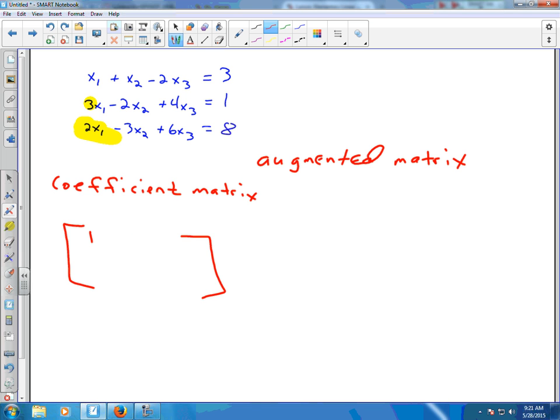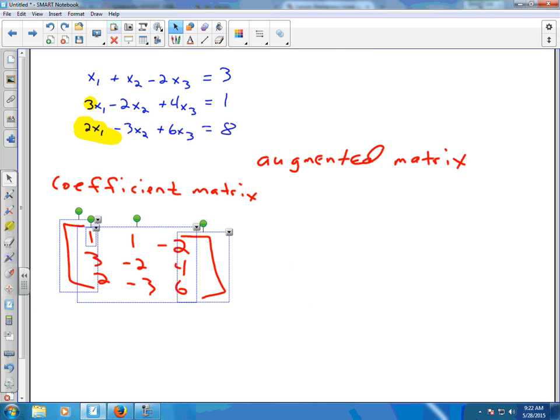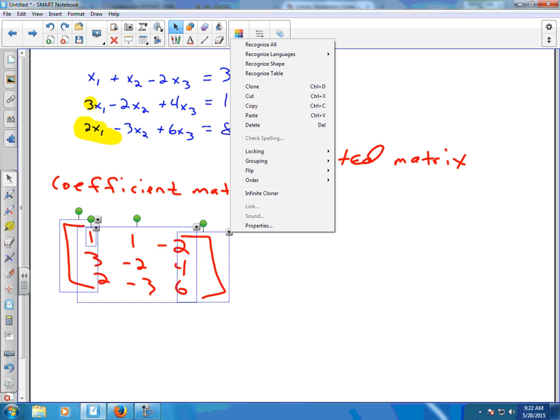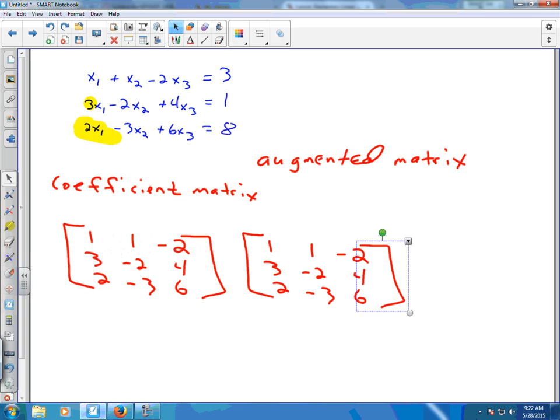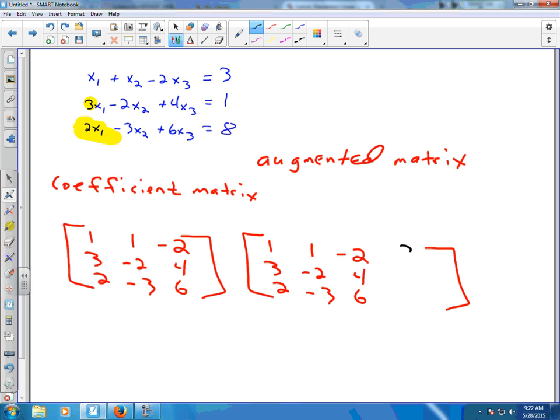So 1, 1, negative 2 in the first row, 3, negative 2, 4 in the second row, 2, negative 3, 6 in the third row. An augmented matrix has all of that, but it also has another column in there. It has your solution column.